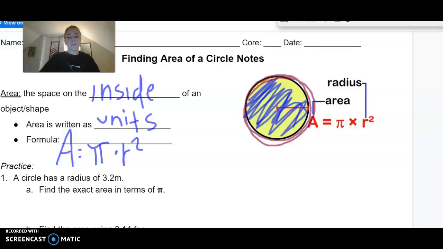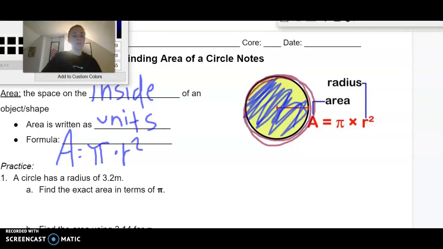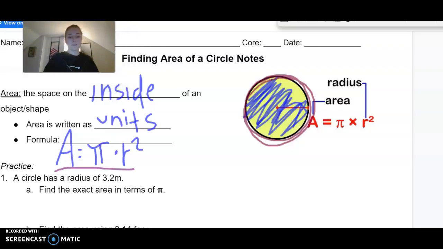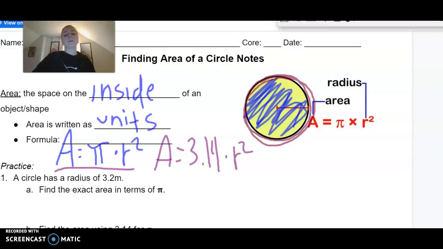Sometimes the question will ask you to write it in terms of pi, just using the symbol. And sometimes you'll be asked to use 3.14 times radius squared. In that case, once you plug in the radius, you will multiply these two numbers together. Okay? So we're going to do some practice problems solving both ways below.